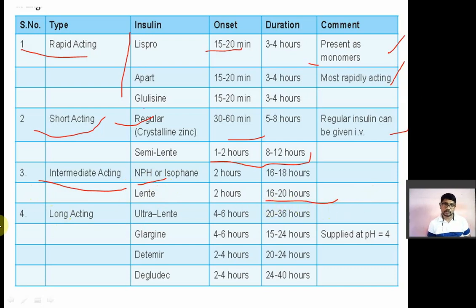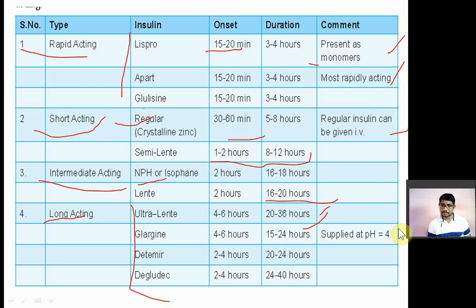Now long acting insulin preparations. These four: ultra lente, glargine, detemir, and degludec. These are the long acting insulin preparations. Ultra lente will act for 20 to 36 hours. Then glargine preparation will act for 15 to 24 hours.